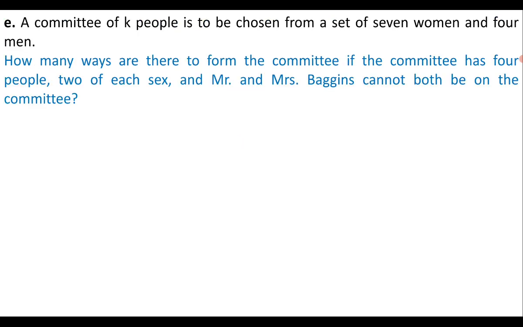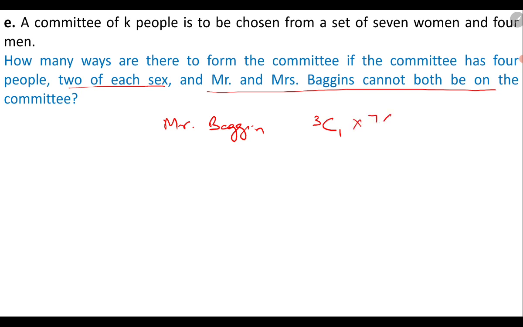The last one says that Mr. and Mrs. Begin both cannot be in the committee, and two of each sex. So let's say Mr. Begin is there in the committee. If he is there, then I just need one more man out of 3, but I need 2 women.